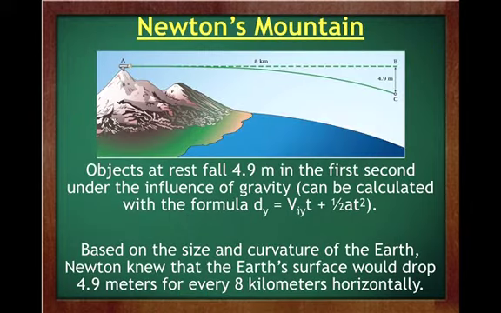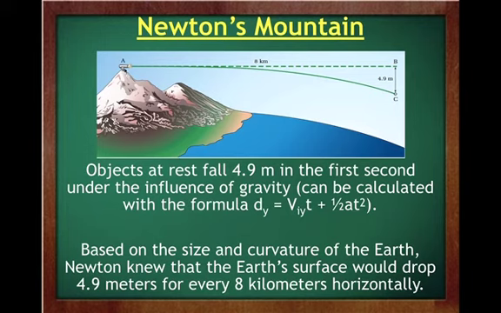So again, those calculations came from ones that we've already discussed in terms of projectiles, right? So we know that objects at rest fall 4.9 meters in the first second under the influence of gravity, right? So it's again where our acceleration of 9.81 meters per second squared comes from. Okay, and again, based on the size and the curvature of the Earth, Newton kind of figured out that the Earth's surface drops 4.9 meters every 8 kilometers horizontally.